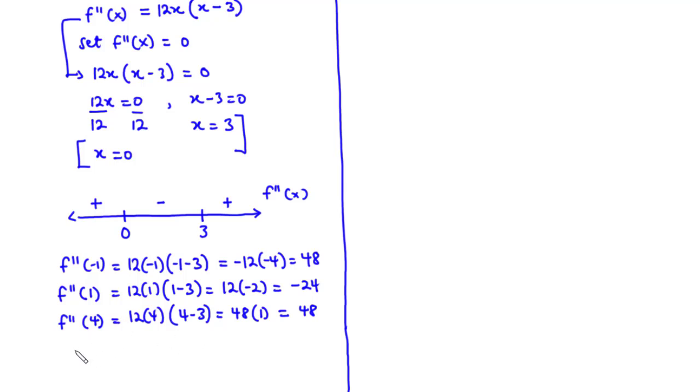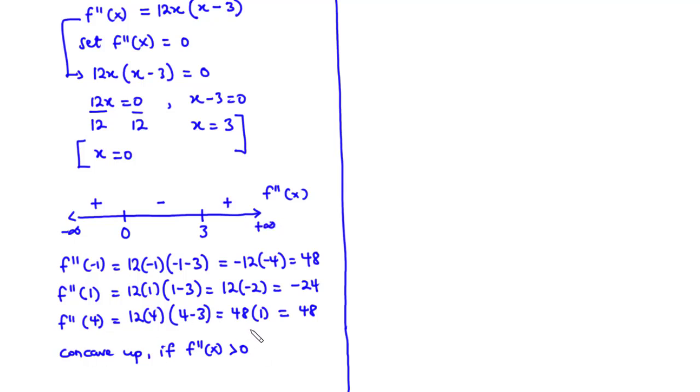Now, a function is said to be concave up if f prime prime of x is greater than 0. That is, if f prime prime of x is a positive value. Now you realize that we had a positive value here, in this interval, and then we also had a positive value here, also in this interval.